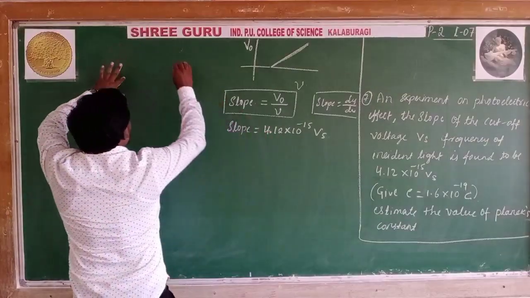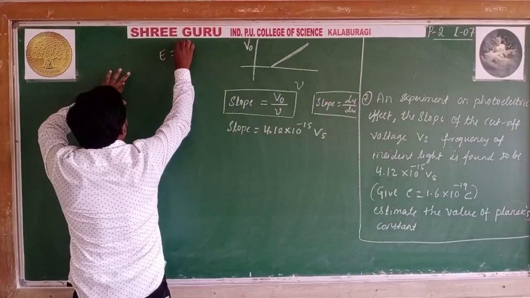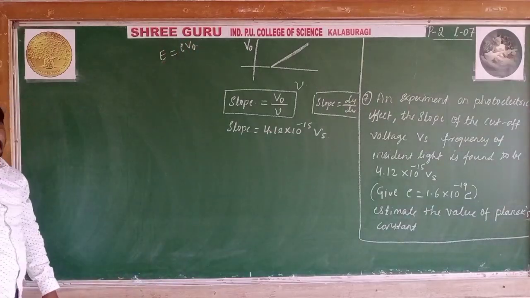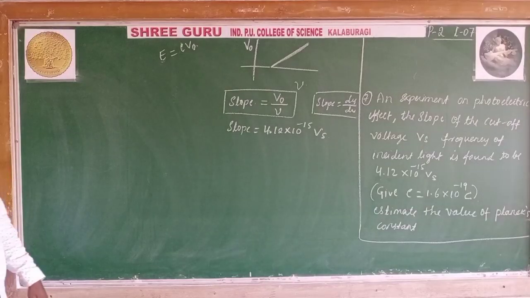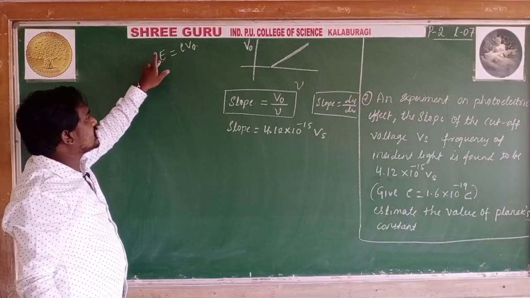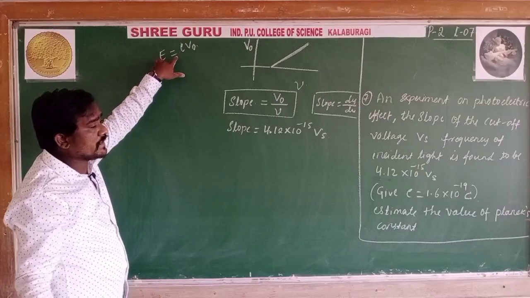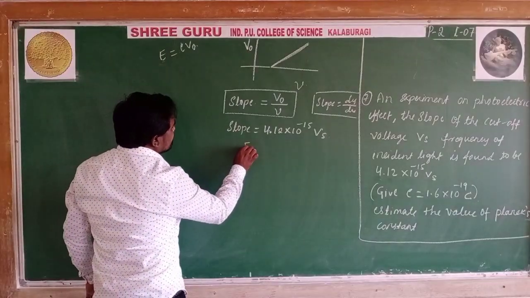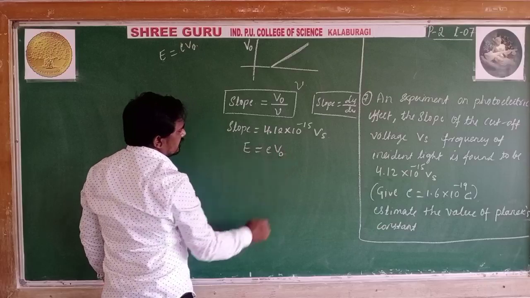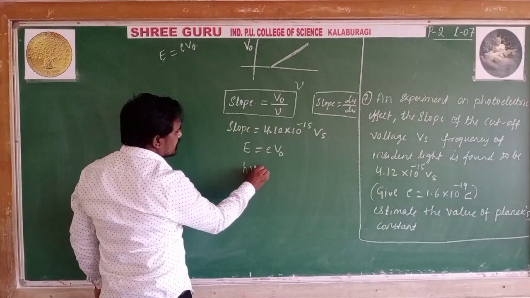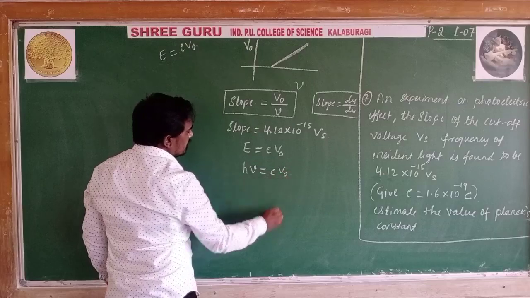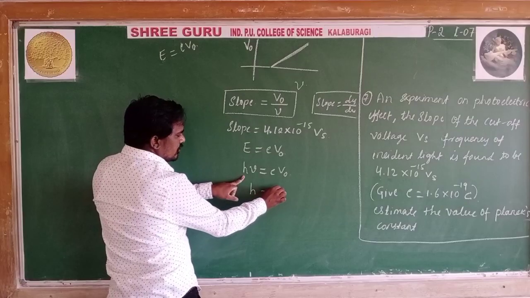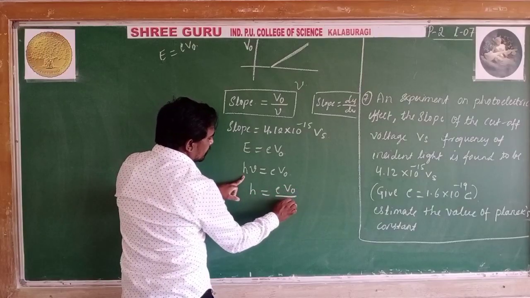We know that the energy is equal to stopping potential, eV0. Kinetic energy is equal to eV0, then only the emission of electrons takes place. Already we know this concept. Similarly, energy is equal to eV0. Now this energy of photon is h nu, equal to eV0. Now here we can find h is equal to eV0 by nu.